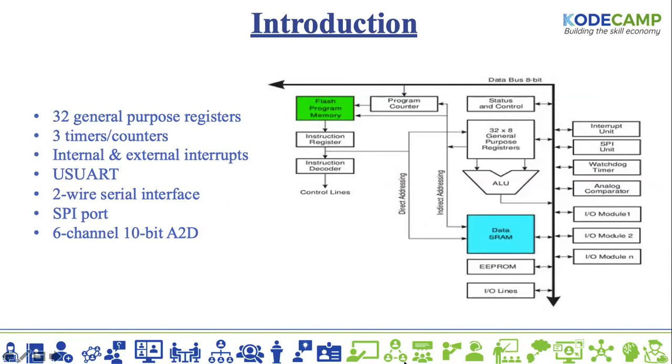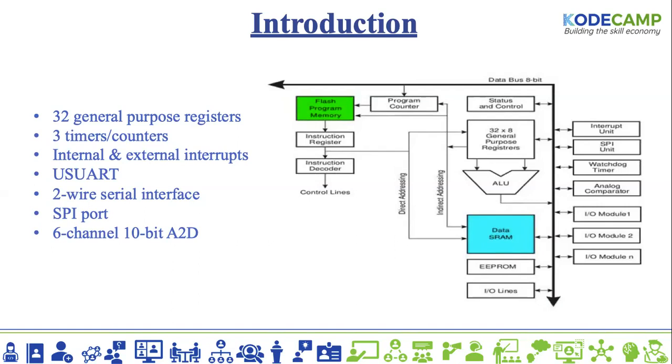You can see that it has about 3 timers and a watchdog there. It has internal and external interrupts, which you can use to interrupt whatever you want to do. It also has a UART connected there, and a two-wire serial interface.